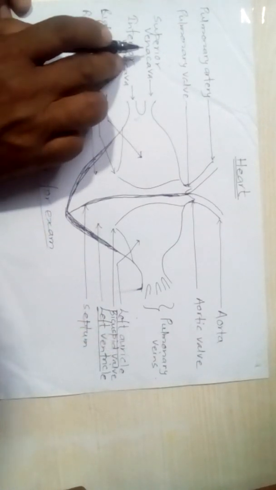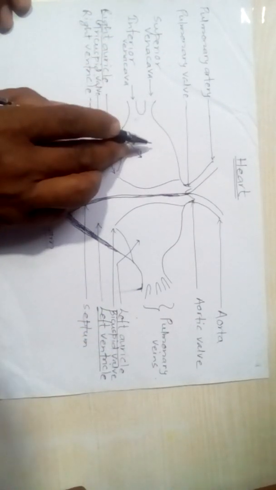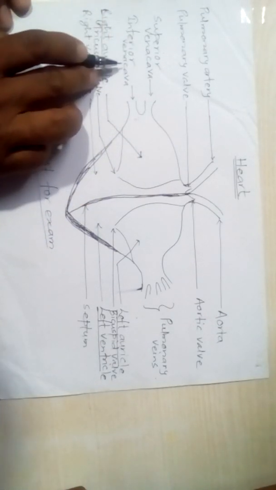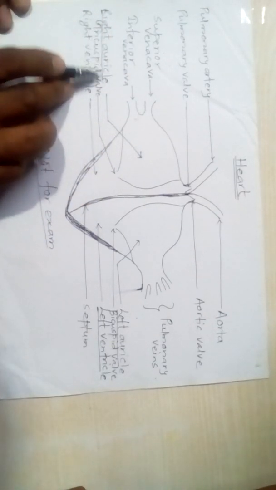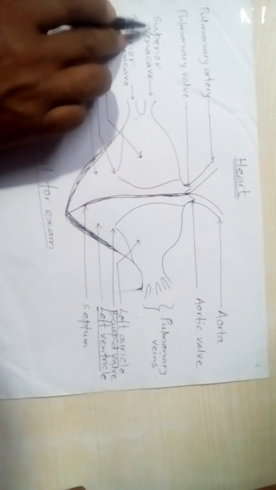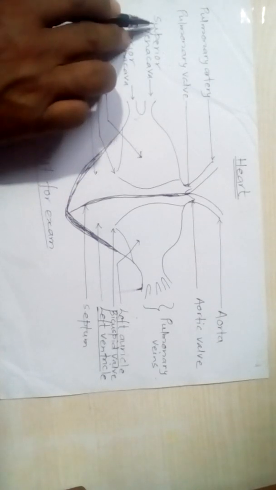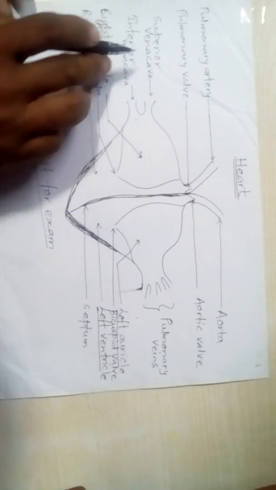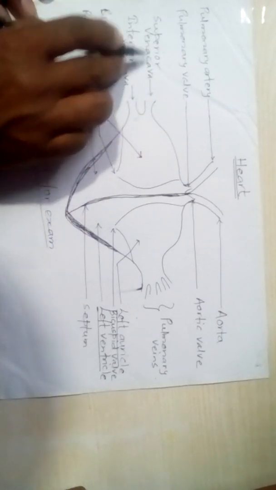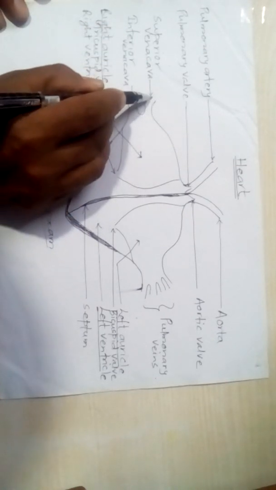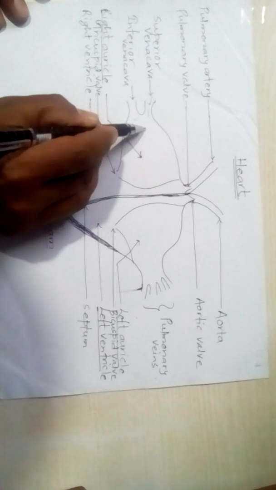Okay, look at this. Let's start from the right hand side of the heart. This is the superior vena cava, and this is the inferior vena cava. Both are connected to the right auricle. At first, the deoxygenated blood of our head, neck and upper part of the body, arms, comes to the right auricle through the superior vena cava.